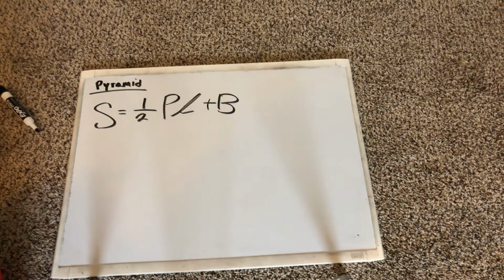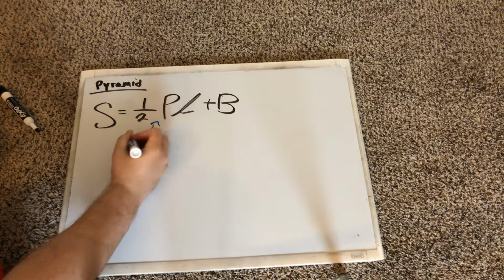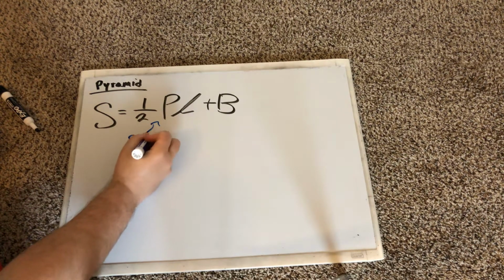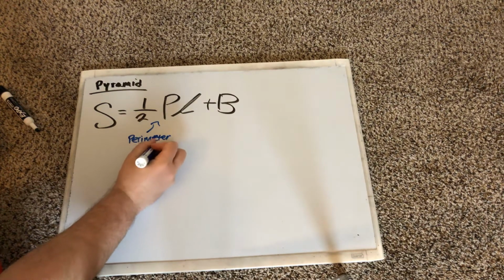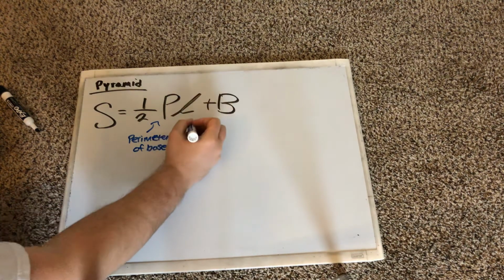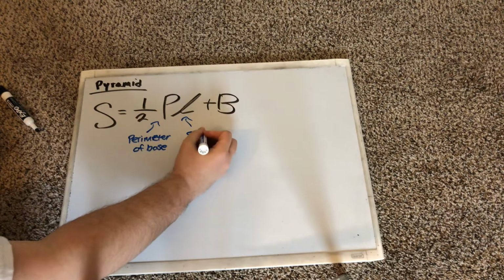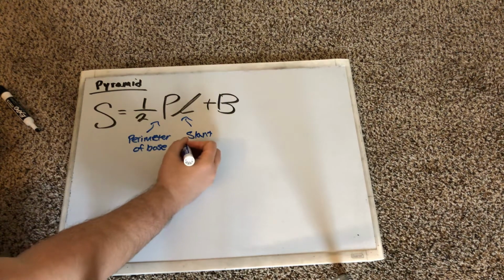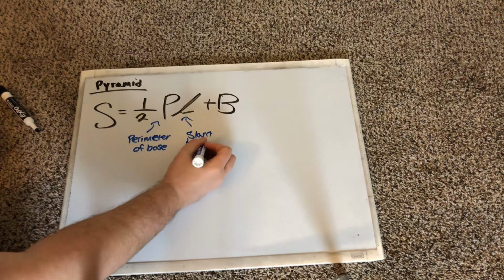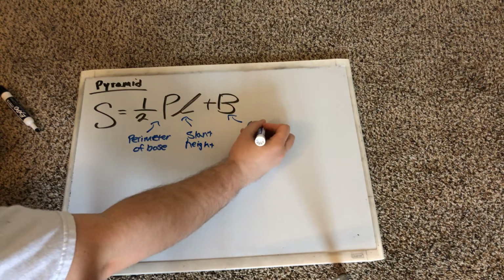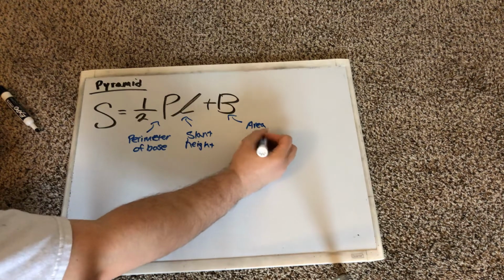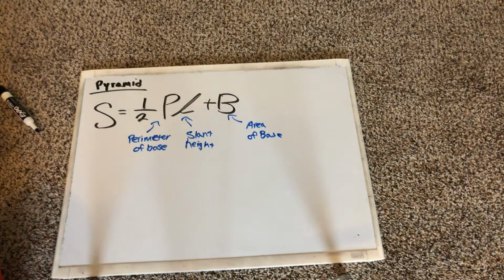So you know what, I'm going to label this perimeter of base. This L is the slant height. And this big B is the area of the base. So that's all you kind of need to know with that.